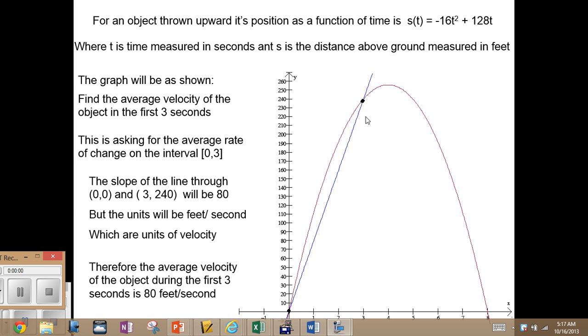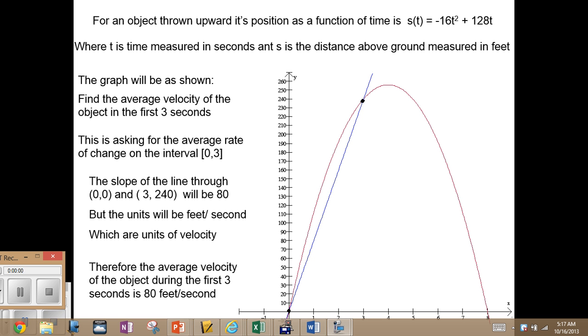So the coordinates, of course, at t equals 0 is also 0. At 0 time, it's not off the ground, so its height is 0. At 3 seconds, we can put the value 3 in here and do the computation, and pick up that the y coordinate at t equals 3 would be 240.